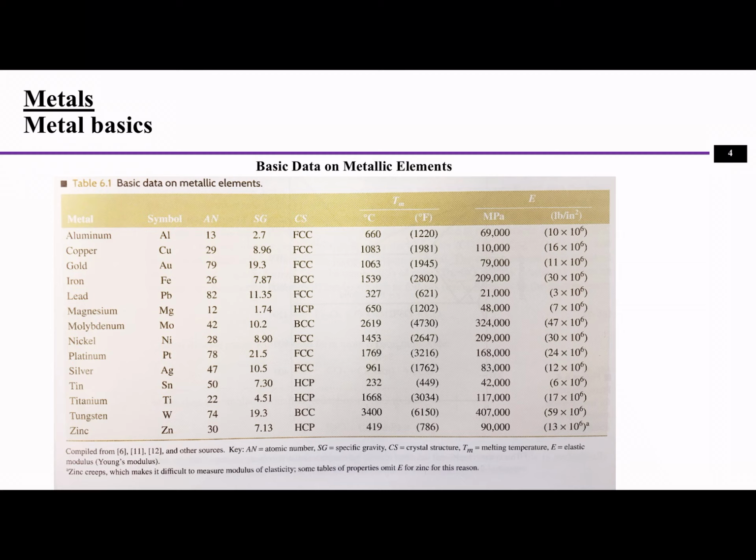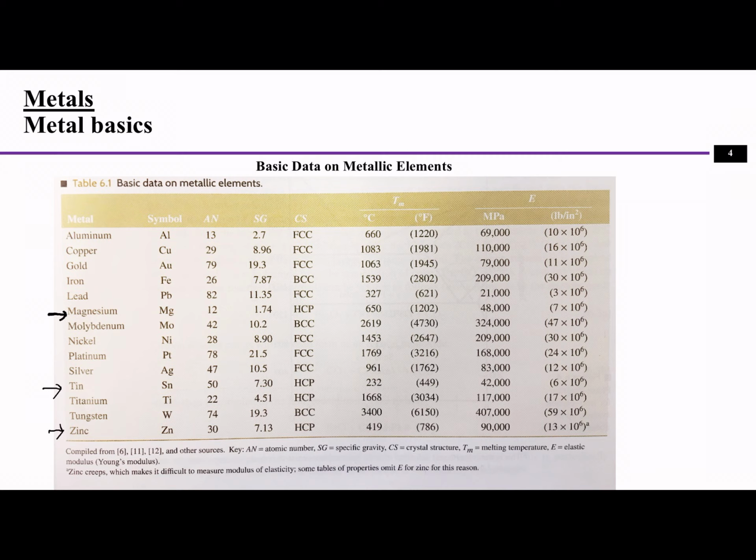Something you want to pay attention to is that among all these metals, there are some very light metals, like magnesium, tin, and zinc.